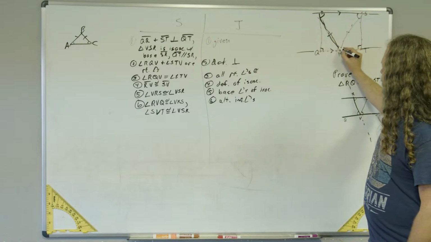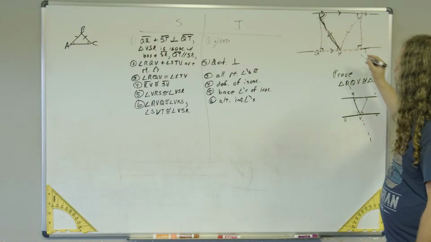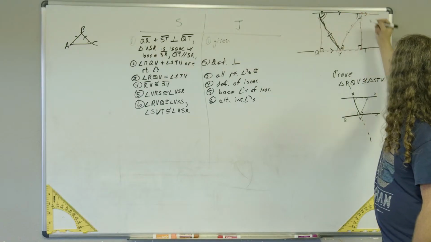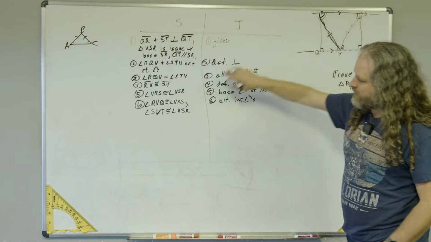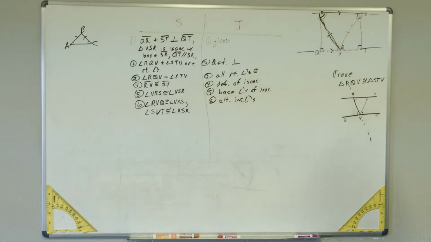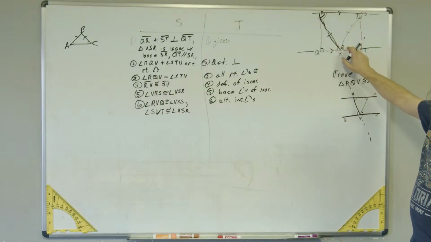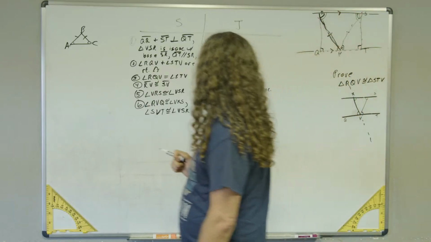So we've got this is congruent to this. We've got this is congruent to this. But these two are also congruent to each other, right? So what can we do now? We can say that this one is congruent to this one, right? Because they're also congruent to those.